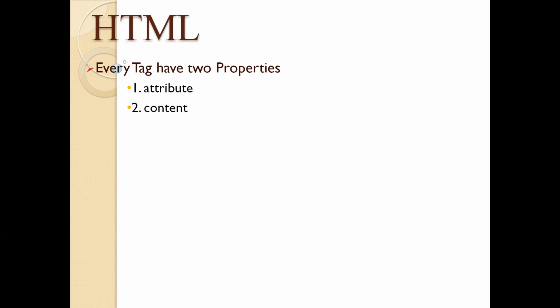In the previous slide, we have seen the start tag, some content and end tag. Along with the start tag, each and every tag may have some attributes. So let us look at the attributes in the next slides. Some people have already worked with HTML, for example, you all completed the Java programming language.